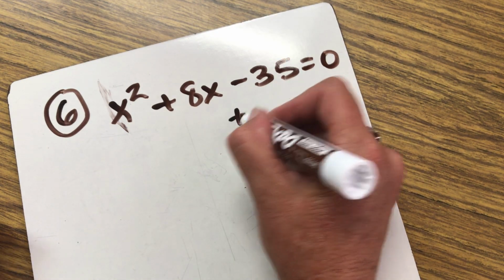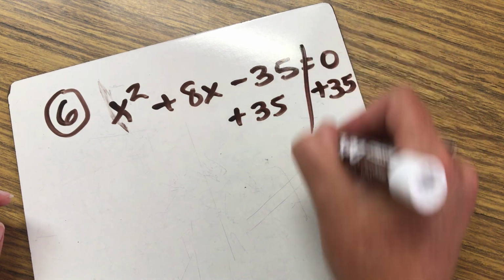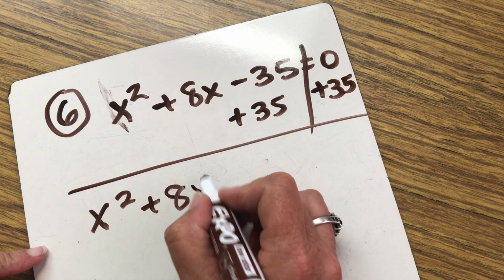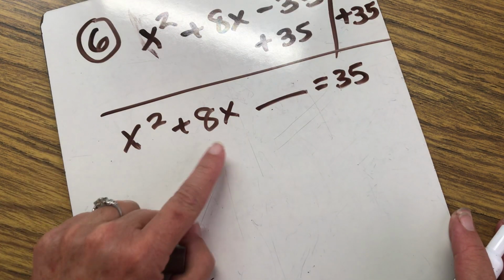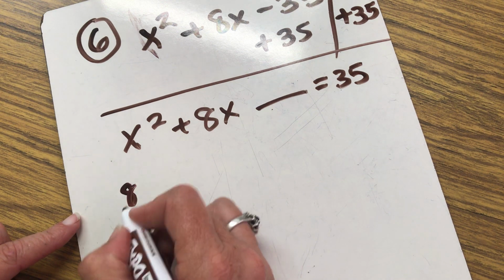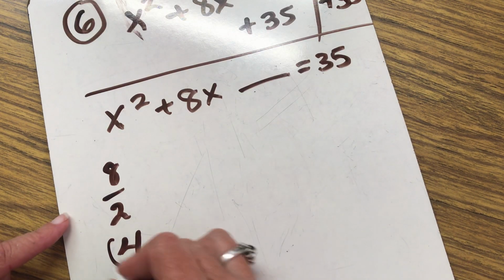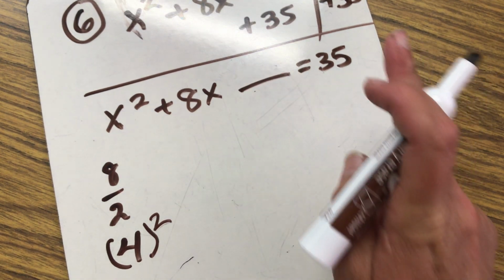So here we go. Move c to the right. Middle number divide. 8 divided by 2 is 4. Square it. Add that to both sides.